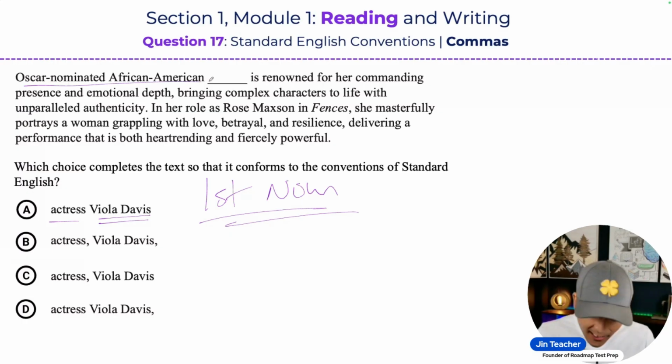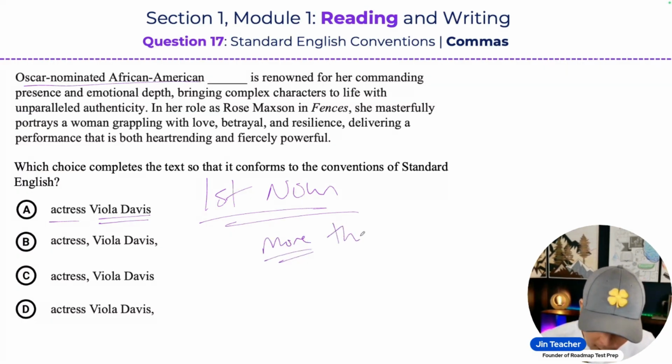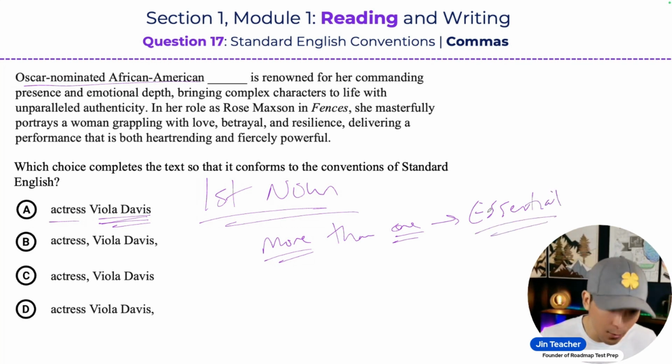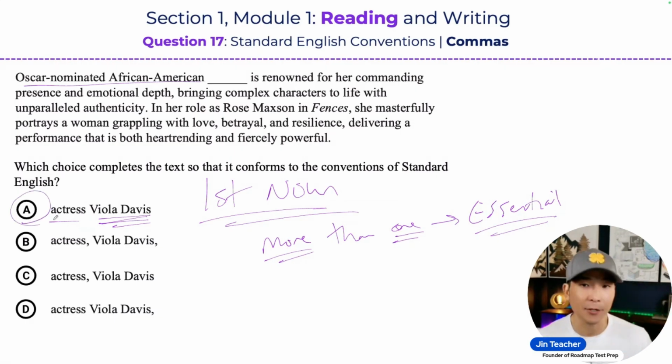So because this first noun refers to more than one, we know that Viola Davis is going to be essential, which means that we don't put commas around it. So this is how you know that answer choice A here is going to be your correct answer for this question. Okay, so write that down, you guys.